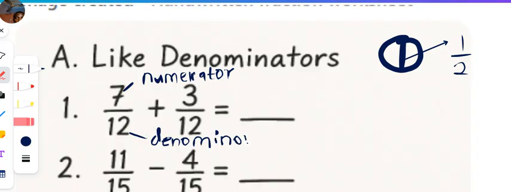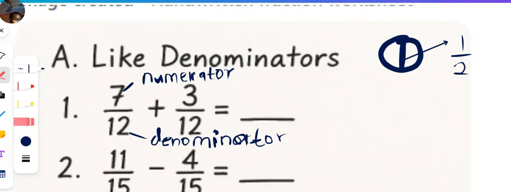Okay, the number down, the denominator. Can you see that now? Yeah, so in the fraction, these are things that we have, the numerator and the denominator.